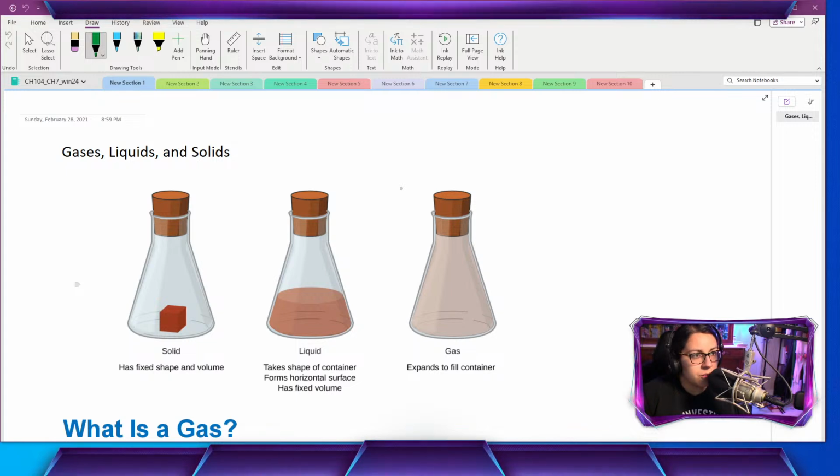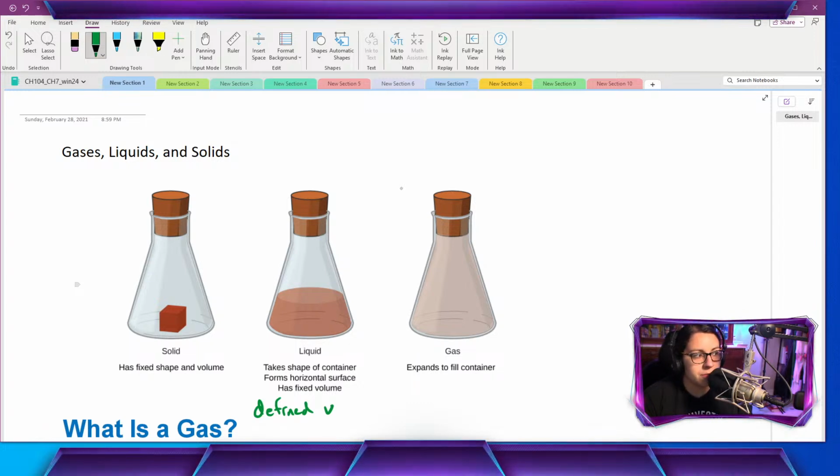And then a liquid has a defined volume, or fixed volume as stated here. But of course, as you know, it takes the shape to fit your container, so you can pour it from one container to the next.